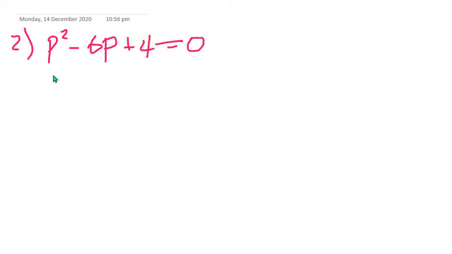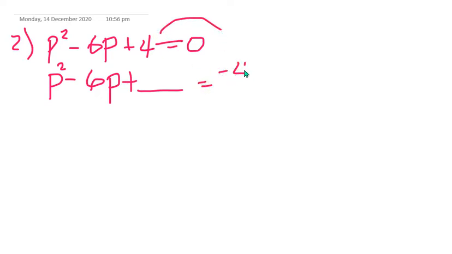First, to change this, we get p squared minus 6p plus blank equals, transpose this, becomes -4 plus blank. And this blank will be 1/2 of 6 is 3, then squared. So, the same here, at the right, we also add 3 squared.